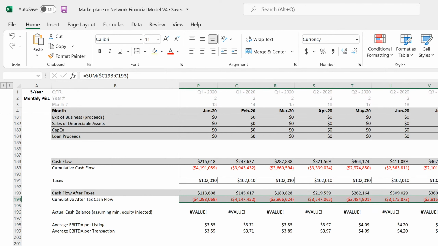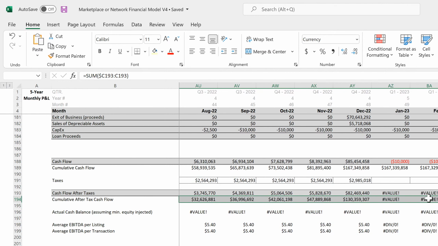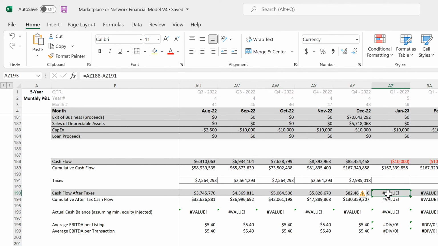Okay, I think it has something to do with, yeah, right here. So the taxes, I have capex.